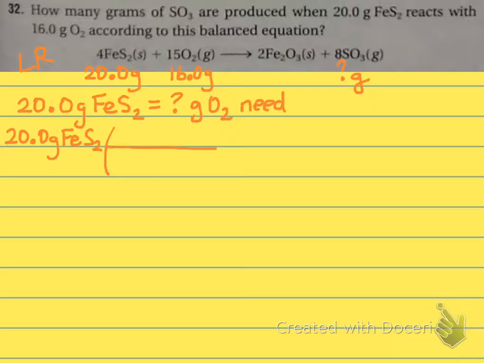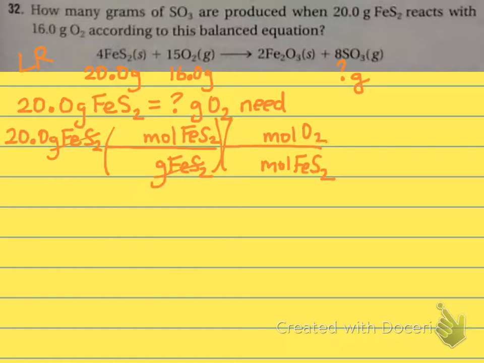I'm going to use the molar mass of iron sulfide to convert it to moles, because my only way to go from substance to substance is through a mole ratio. So my moles of iron sulfide are on the bottom, my moles of oxygen are going to be on the top. And then, because my oxygen's given in grams, I need to convert my moles of oxygen to grams of oxygen.